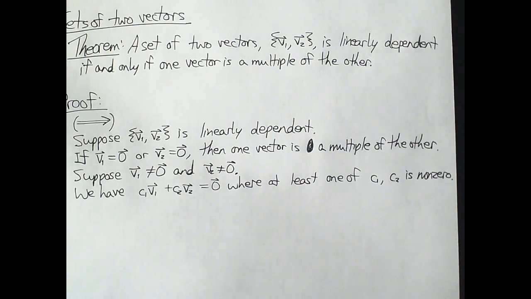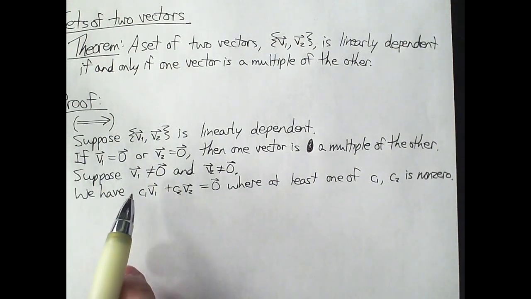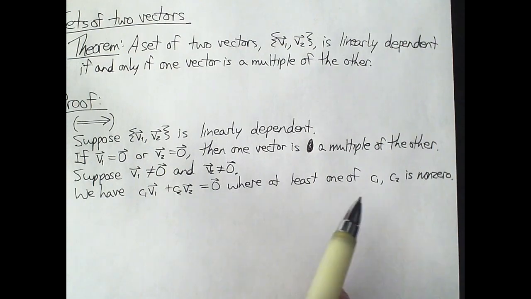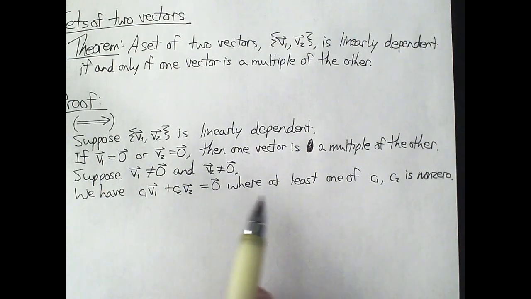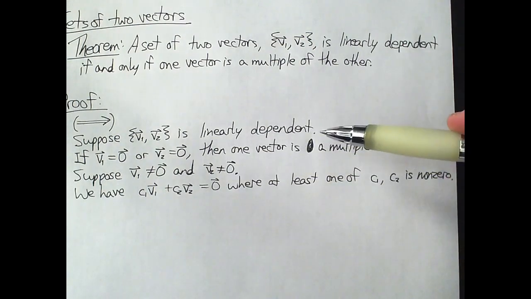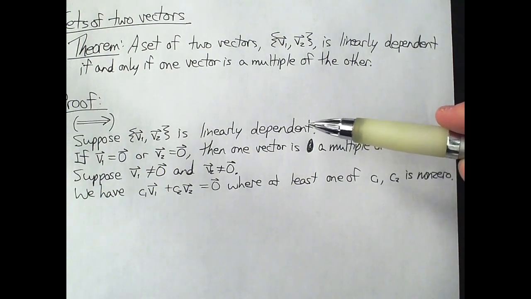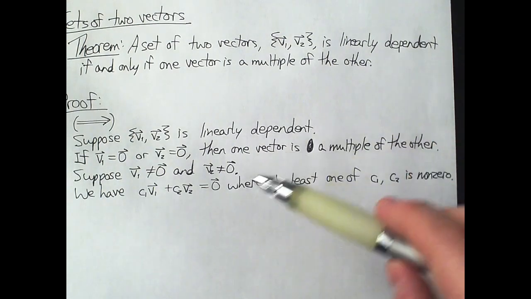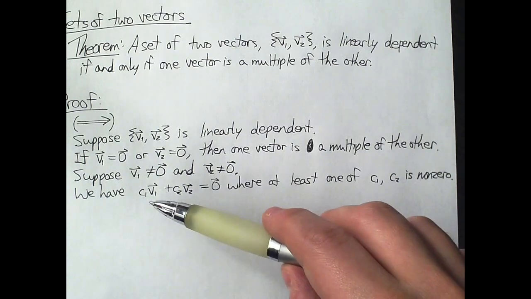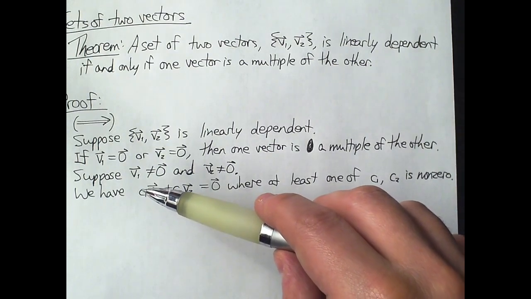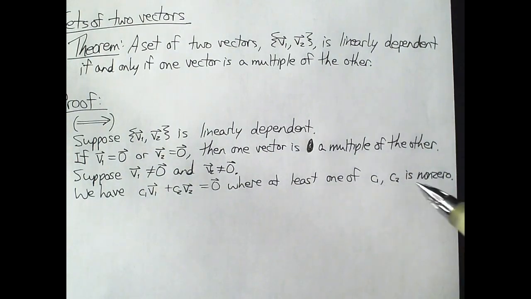How do I know that we have that? Why was I allowed to write that line? The reason why I'm able to say this is because the first line of my proof said we suppose that they're linearly dependent. So now I'm using that. They're linearly dependent, so we do have this where at least one of these is non-zero.